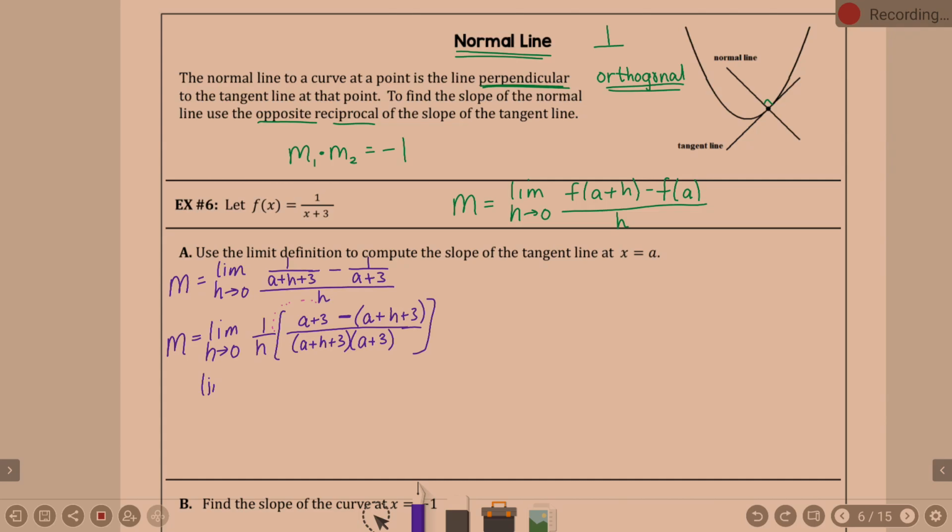Next step, limit as h approaches 0. My 1 over h out front is hanging out there. My denominator is going to hang out the way it is for right now. A plus h plus 3 times a plus 3. What about my numerator?